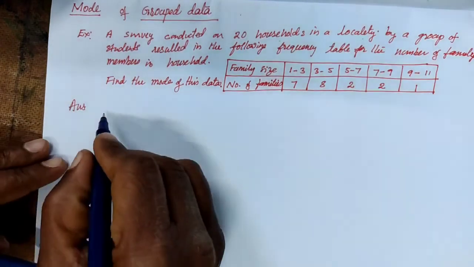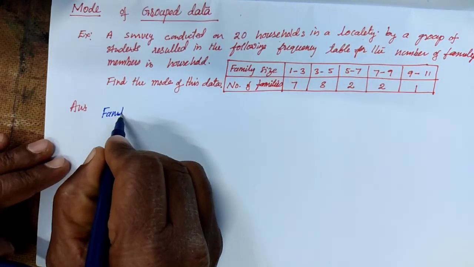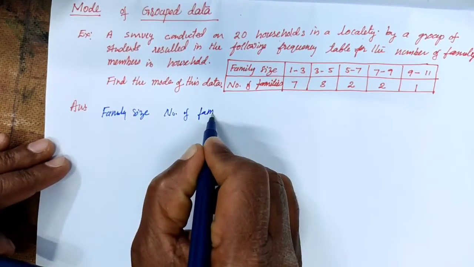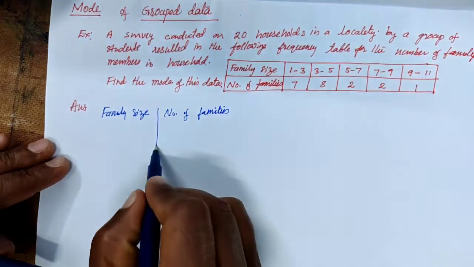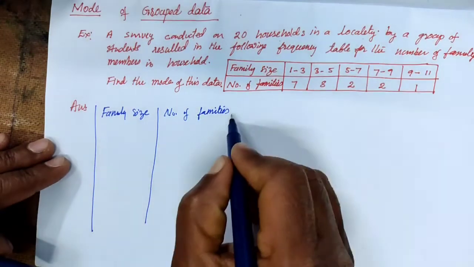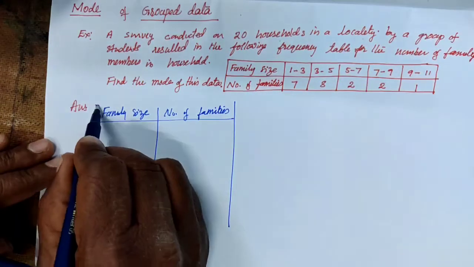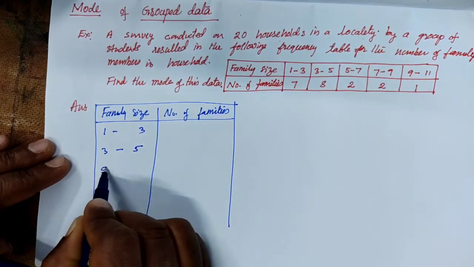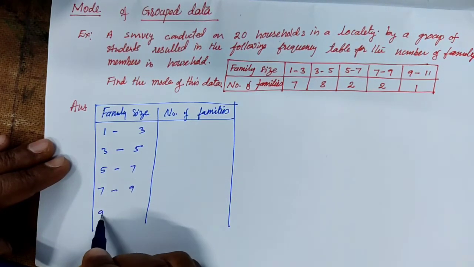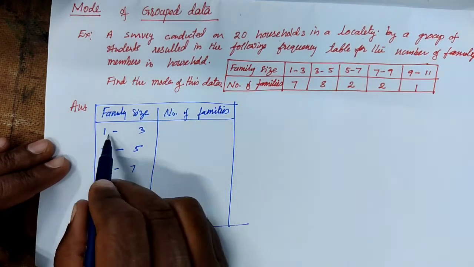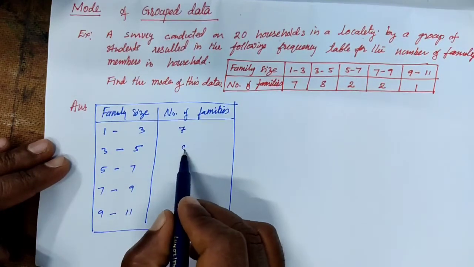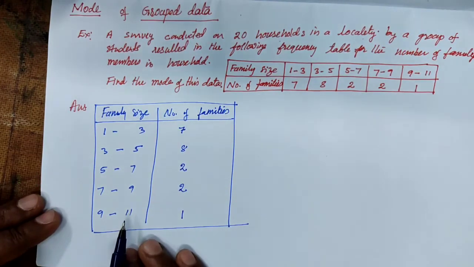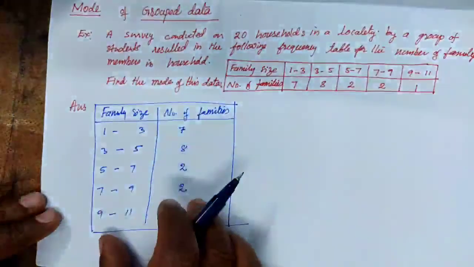By rearranging, family size and number of families: 1 to 3, 3 to 5, 5 to 7, 7 to 9, 9 to 11, and these are 7 families, 8 families, 2 families, 2 families, 1 family. So we arranged this data like this.